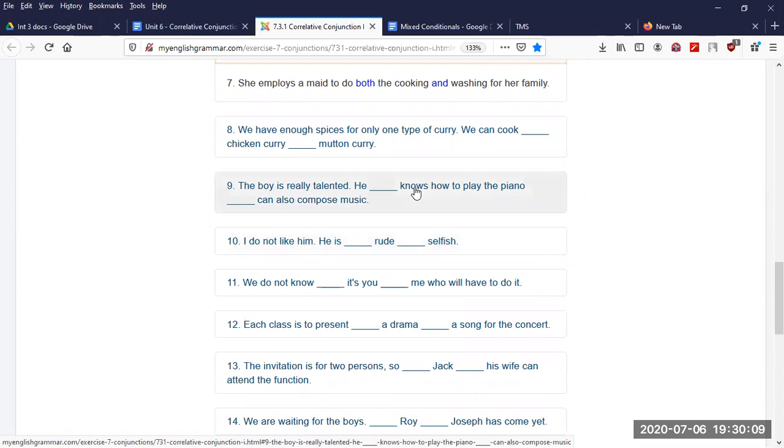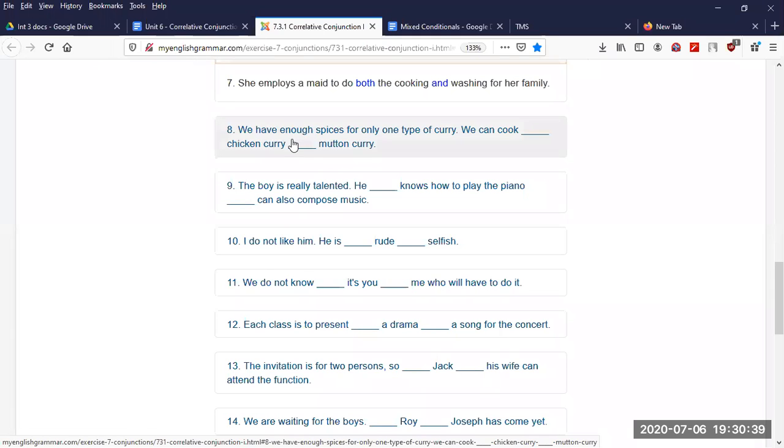Okay, I'll make this one be the last one. It's half past. We have enough spices for only one type of curry. We can cook chicken curry, mutton curry. So we have a choice. We can only cook one type. So it's this type, either.